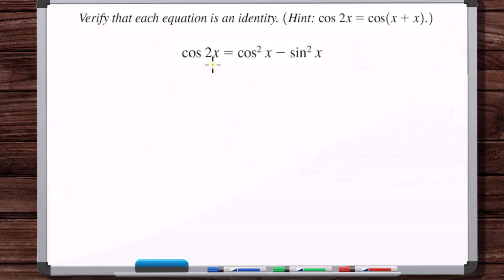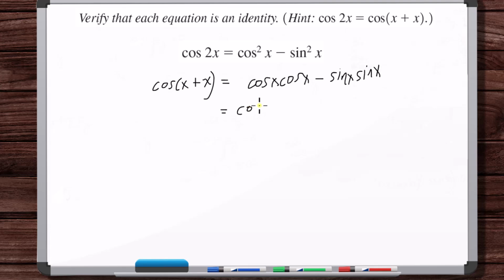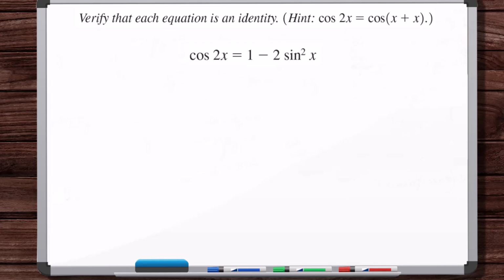Okay, so there's cosine 2x, so let's use that hint here. So that's cosine of x plus x, which we can write as cosine x cosine x minus sine x sine x. I wish they didn't give us this hint. You should have been able to figure that out on your own, right? That's cosine squared of x minus sine squared of x. There you go. Okay, so we just saw that cosine 2x was equal to cosine squared x minus sine squared x.